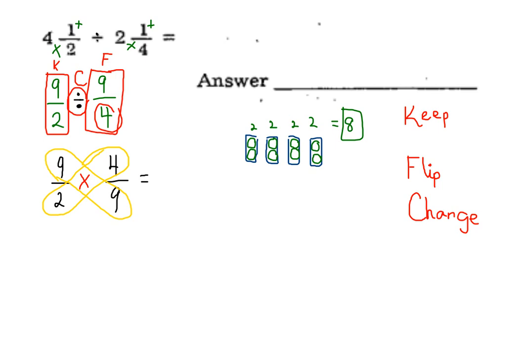So 9 into 9 is 1, and 9 into 9 is 1. On the other diagonal, we have 4 and 2. 2 goes into 2 once, and 2 goes into 4 twice.